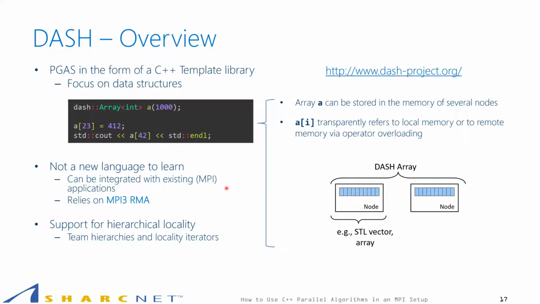So the good thing is that there is not a new language to learn, and DASH can be integrated with existing MPI applications, and it relies on the MPI 3 API, which supports RMA. It also supports hierarchical locality, like team hierarchies and locality iterators. So let's explore DASH in more detail.